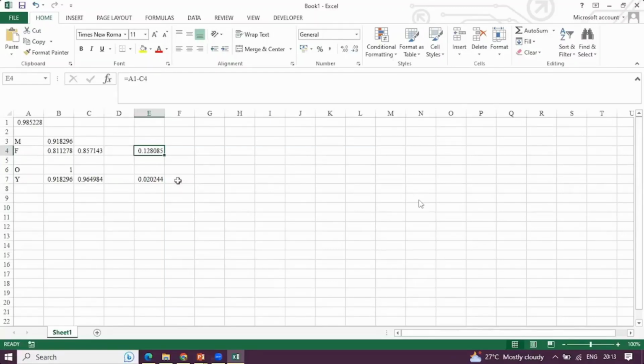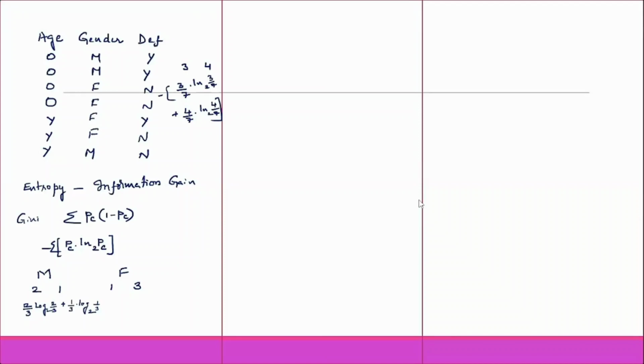Gender has sufficient information to really bifurcate between the people who default and who do not default, especially with respect to this example. I hope you have got it.